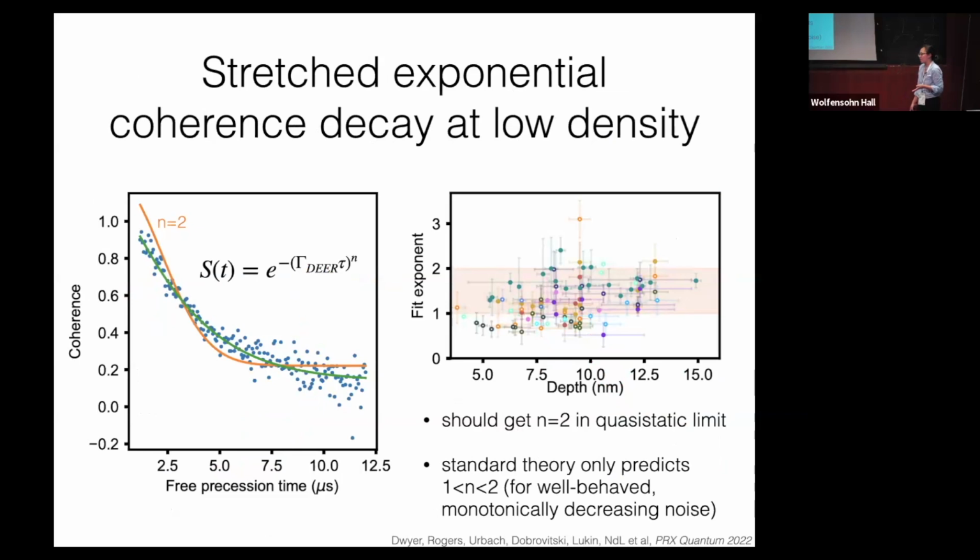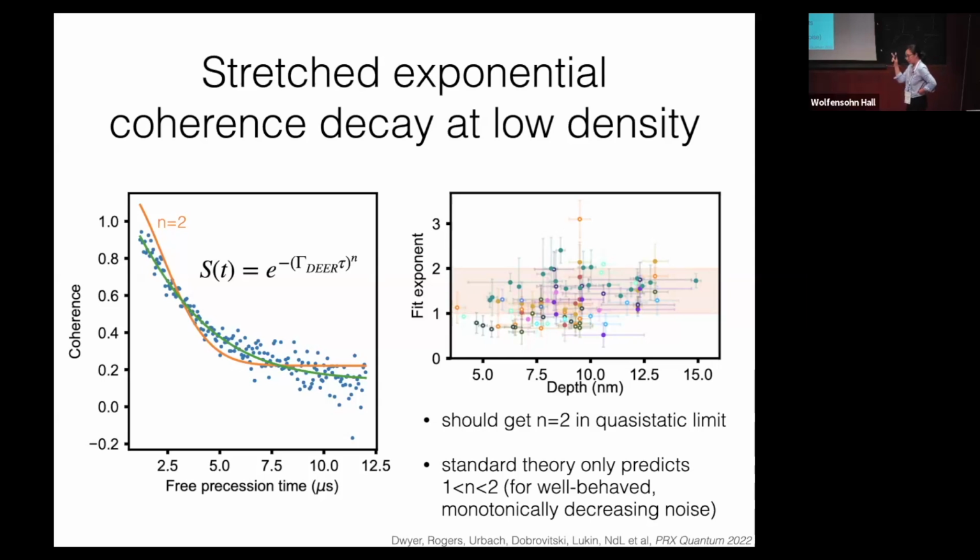There was this thing that a bunch of people had gotten yelled at in my group over the years, which was that they would come in with a DEER measurement and fit their coherence decay, and they would say, okay, this goes as e to the minus gamma tau to the 0.5 or something crazy. And I would say, that's literally not possible. You must be analyzing your data wrong, undergrad, so go back and constrain the data so that it fits to 2, because I know that it should be 2.